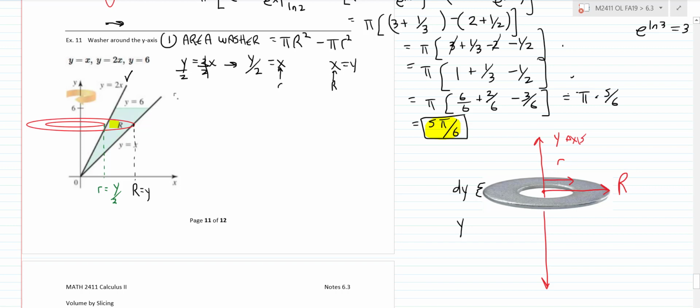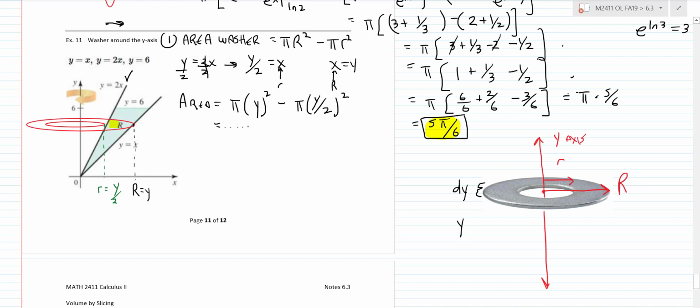So if we continue with the area of our washer, we're going to have pi times big R squared, which is y squared, minus pi times little r squared, which is y over 2 squared. So that's what that gives.